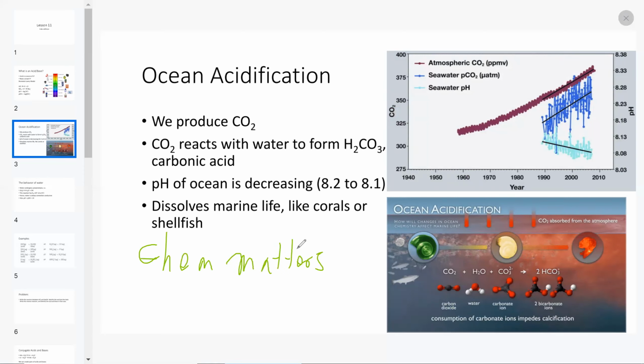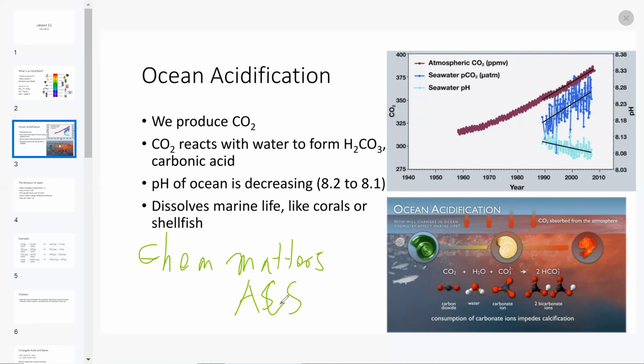There's a magazine published by the American Chemical Society, the ACS, called Chem Matters. So I'll write that down. Here I have an article from 2018, and it's about ocean acidification.